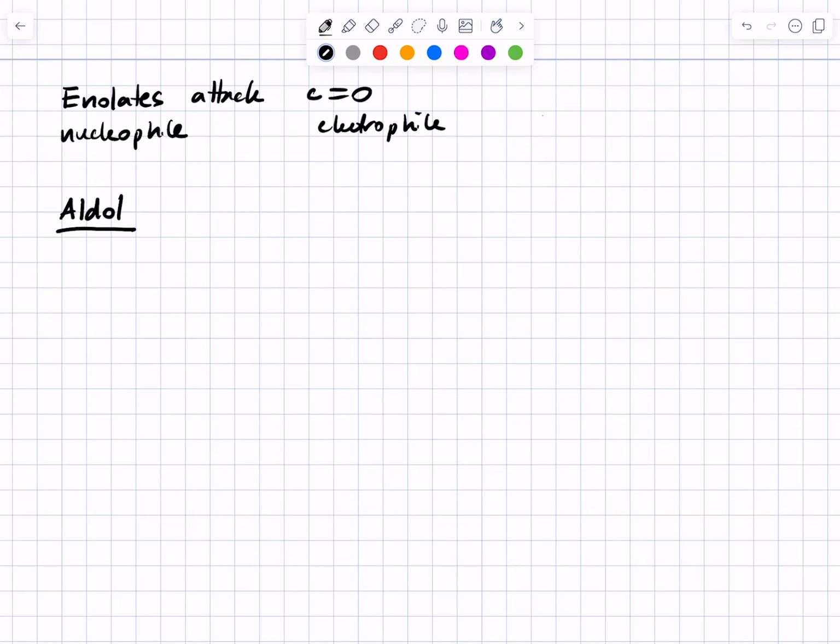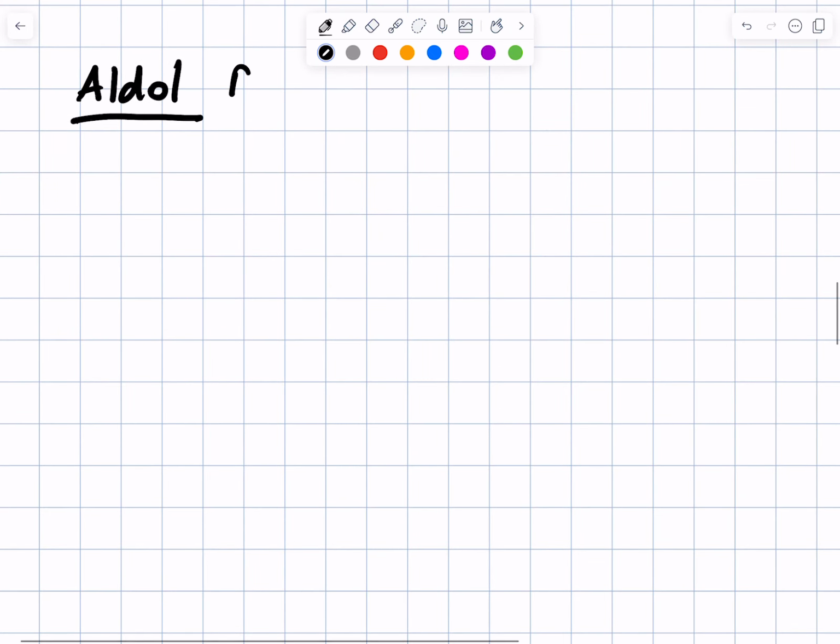And to set this up, I want us to think of all of the things that can happen to a carbonyl compound in a basic aqueous solution. Okay? So here is an aldehyde, and we're in basic aqueous solution.